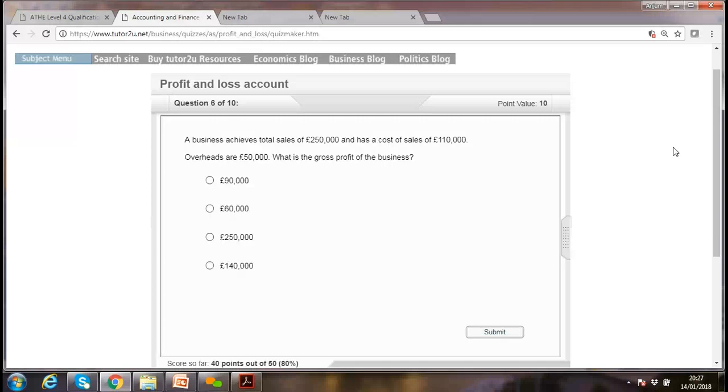Which one do you think? $250,000 minus $110,000. 250 minus 110.